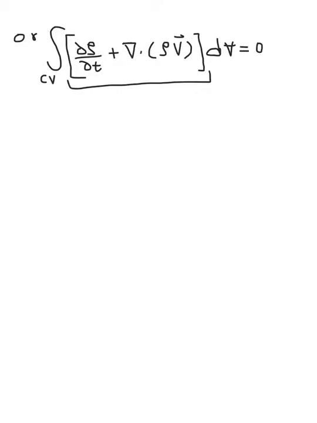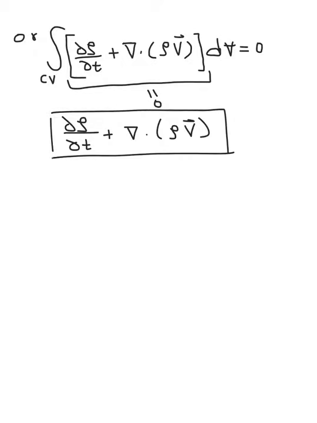So this is the integrand. If the integral is 0, then the integrand should always be 0. So this implies that I have obtained the following differential form of my continuity equation. Make sure it is equal to 0.